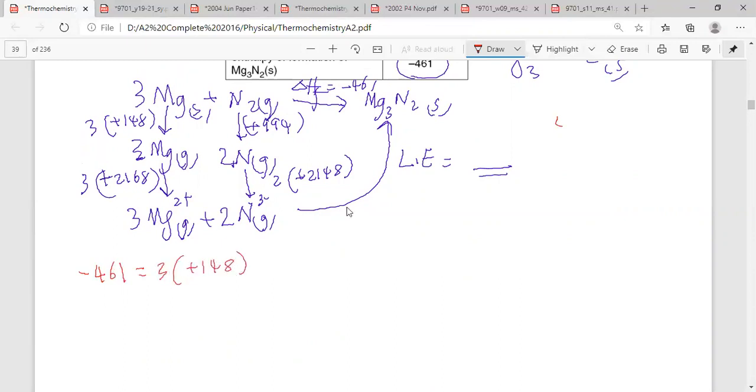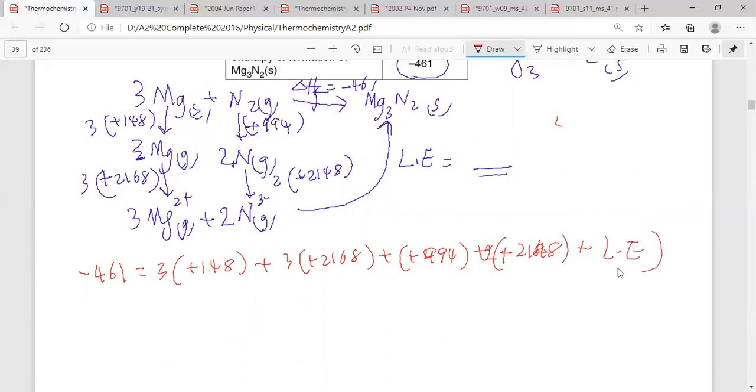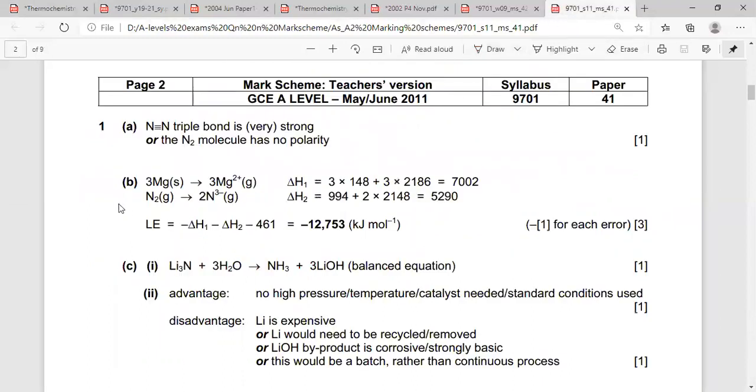Physical chemistry is all calculation, so bad maths, you die. So now let's check the answer. I think it's here. The whole thing here and the whole thing here, you can work it out. It's very big.